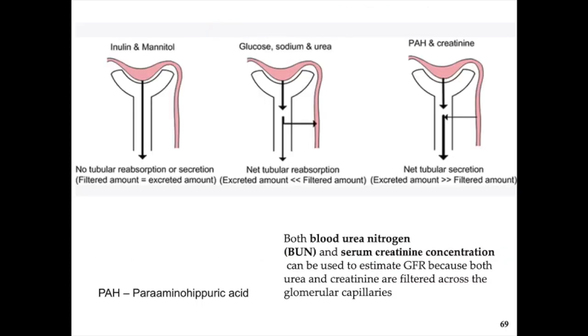So we need to find another substance, and clinically the substances that we are going to use are essentially urea, BUN, and creatinine. What is the problem of using creatinine? Creatinine is freely filtered. It's not reabsorbed, but it is secreted.